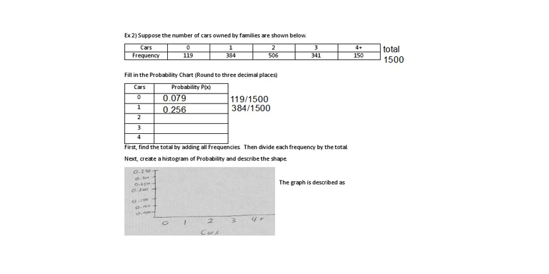Next, we can do 506 divided by 1,500, and that's equal to 0.337. All right, next we can do 341 divided by 1,500.